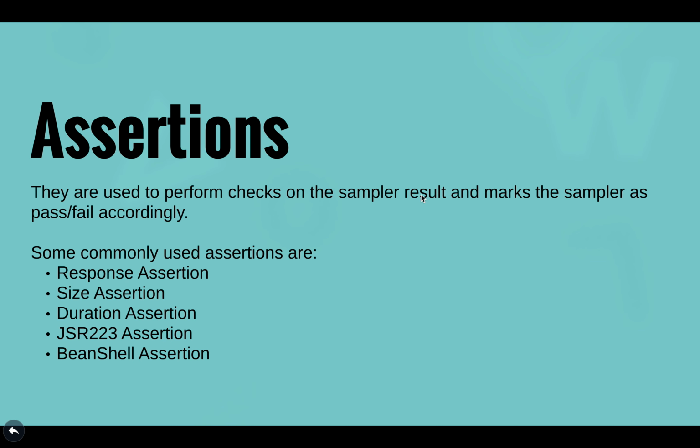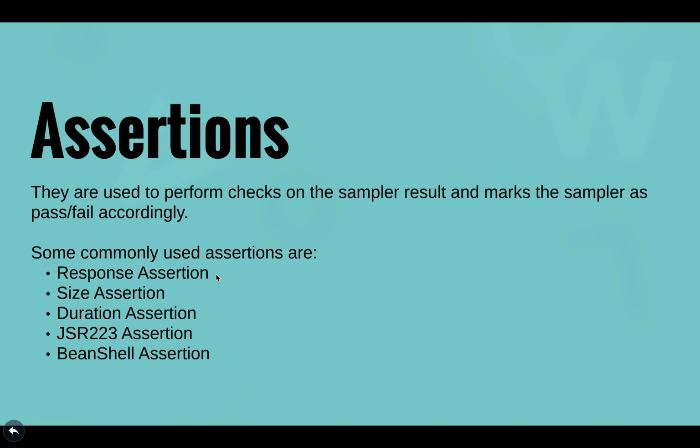The assertions can mark the sampler as pass or fail accordingly. So let's say you want to check that a particular text is there in the response, but if it is not there, then you want to mark it as fail. Those kinds of functionality can be implemented by the assertions.